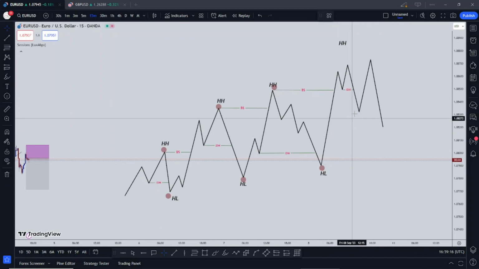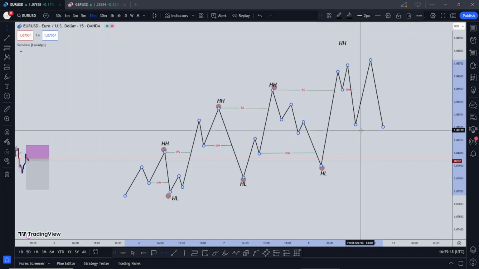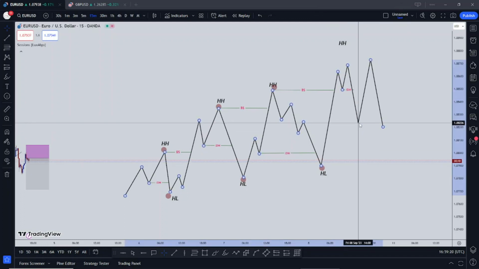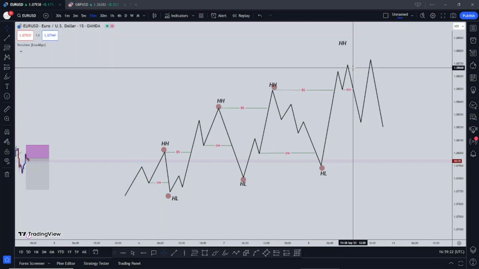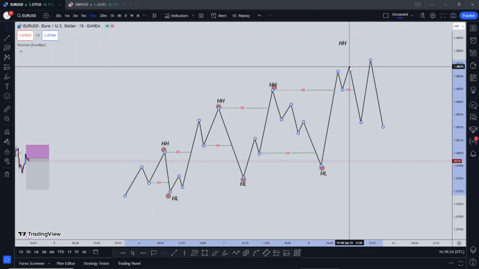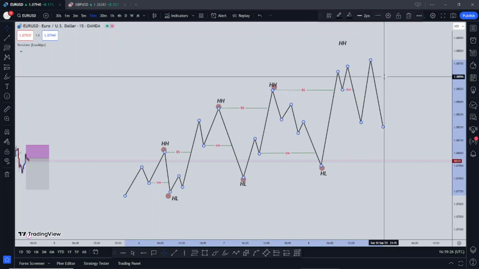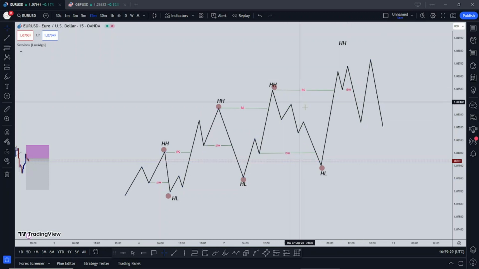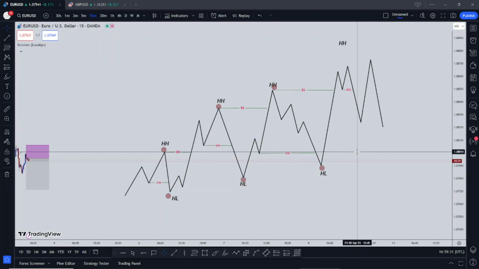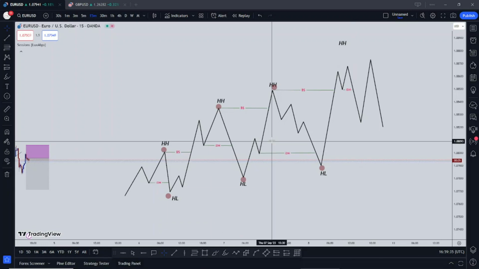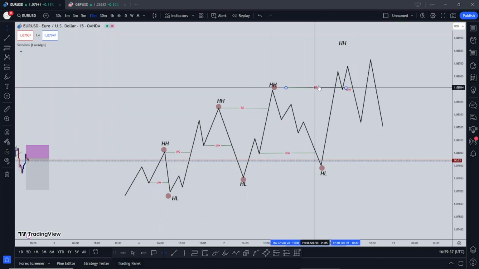And because this market came down to this point before going up to break it, and since it has gone up to break this higher high here, one thing is the body of the candle must close above the higher high to qualify to become a break of market structure.